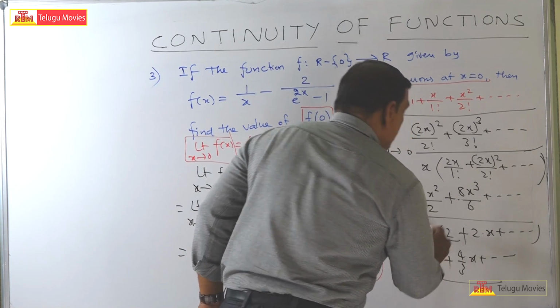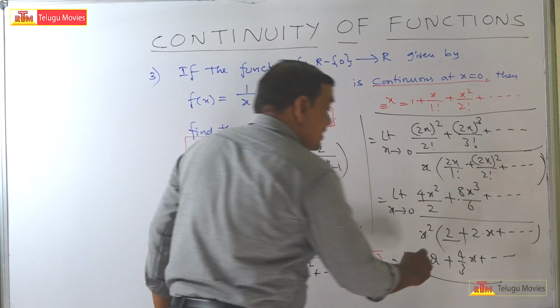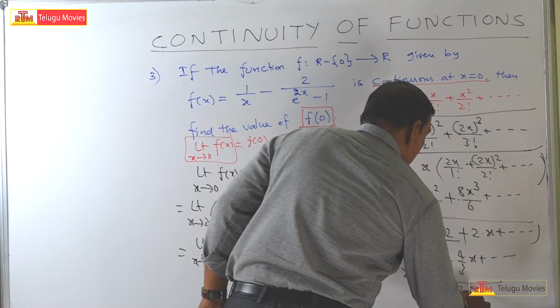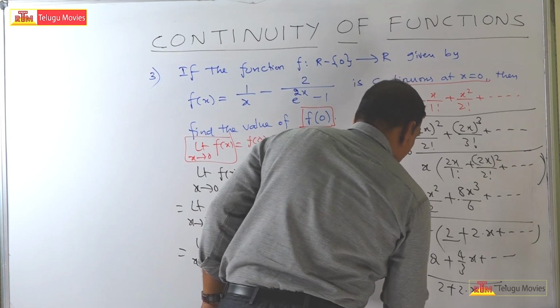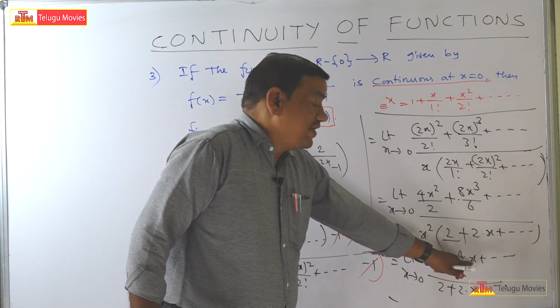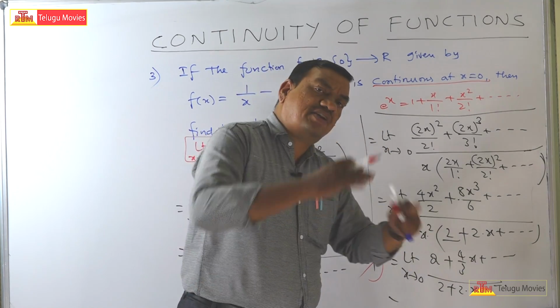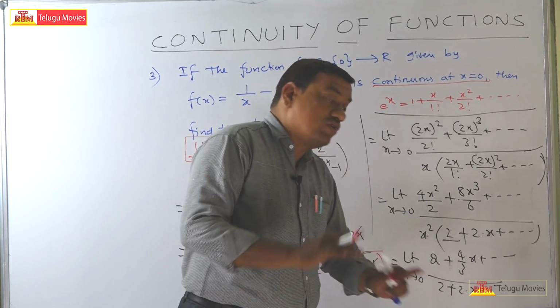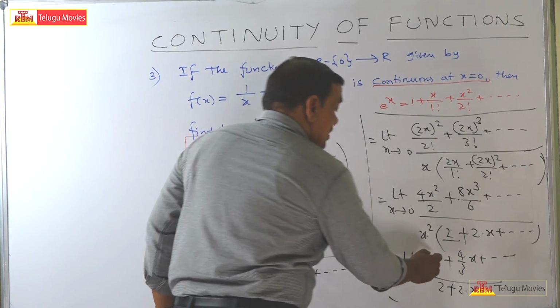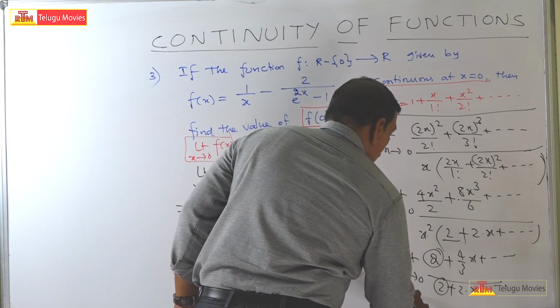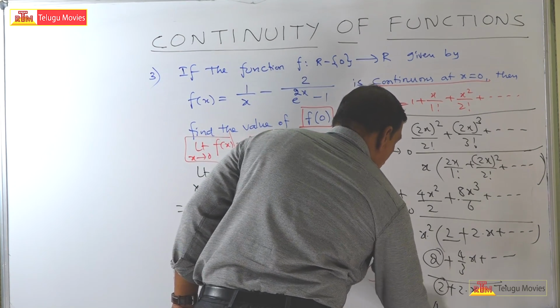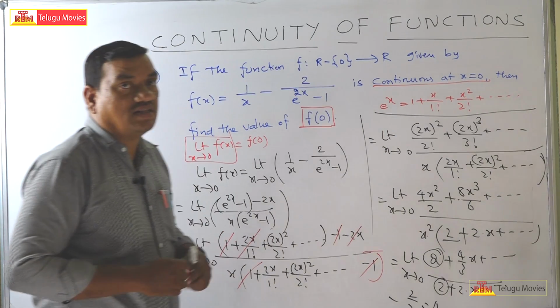Denominator: also x square will get cancelled, giving 2 plus 2x plus so on. Now wherever x is there, substitute 0. From the second term onwards every term will become 0. So ultimately what remains is 2 by 2, which is equal to 1. That will be your final answer.